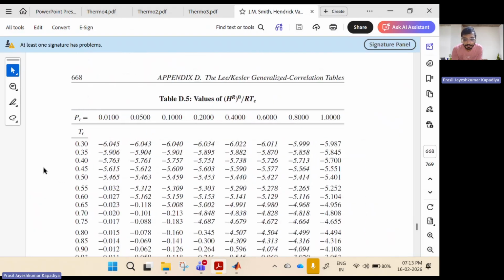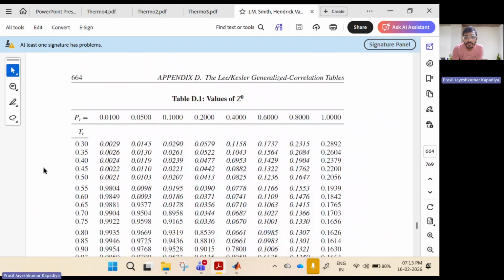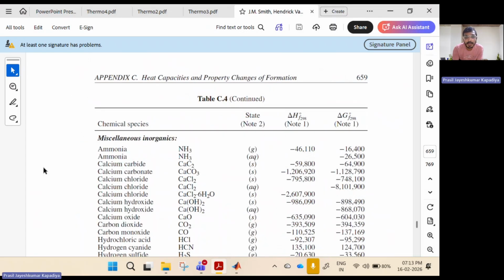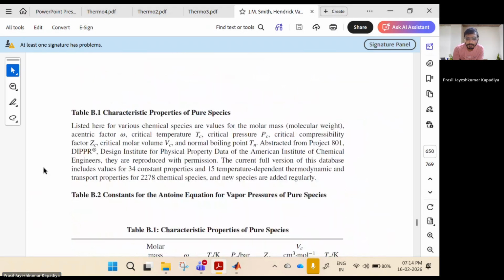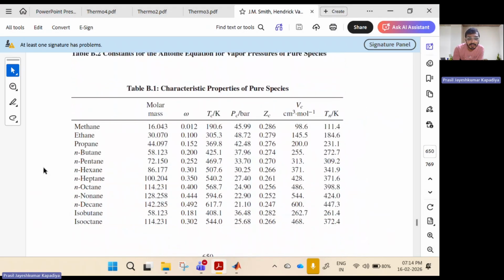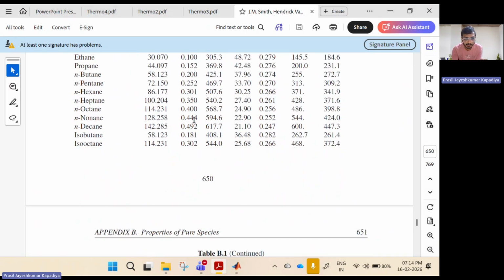Okay, so if you have a look at this Appendix B, yes, here. So see, omega values are like this: 0.012, 0.1, 0.152, like that.